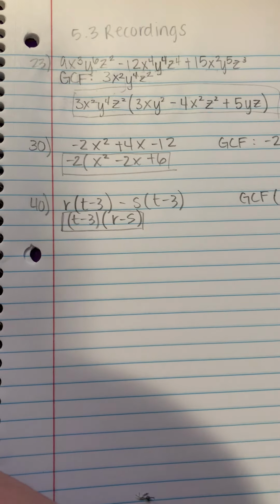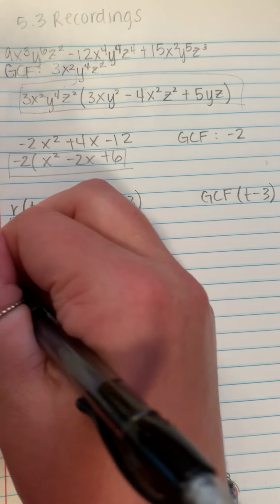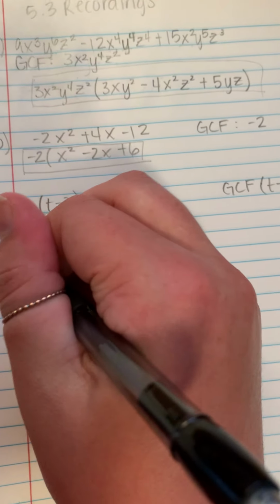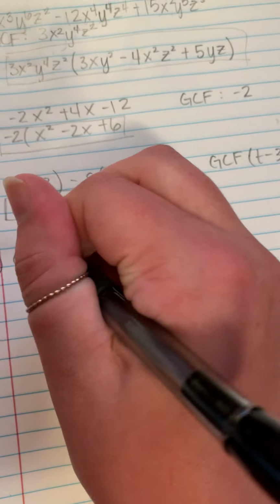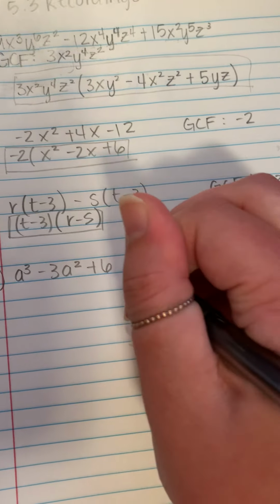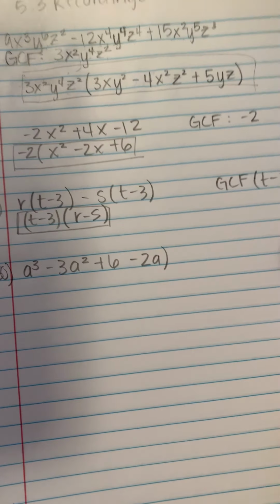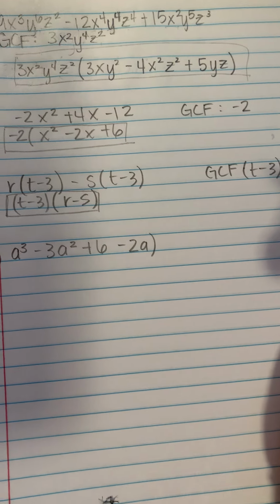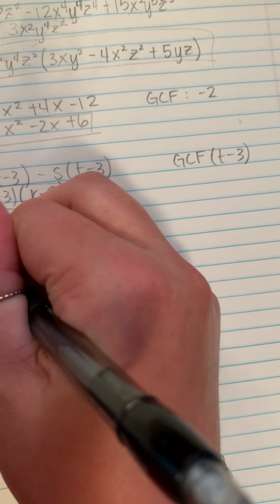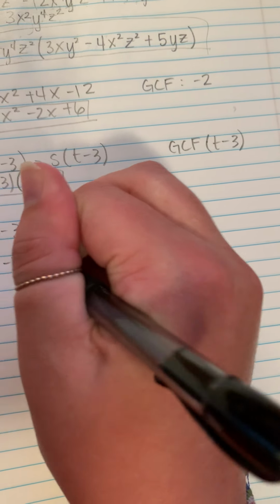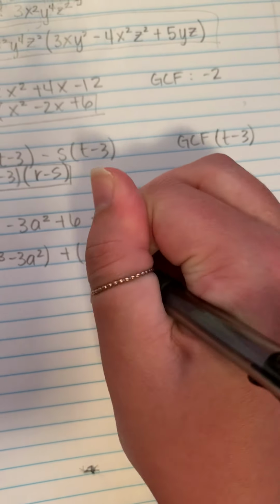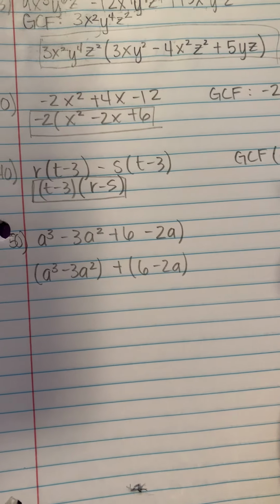And then the last one is 50. And that is a to the third minus 3a squared plus 6 minus 2a. So what I'm going to do is break this up: a to the third minus 3a squared, parentheses, plus 6 minus 2a.